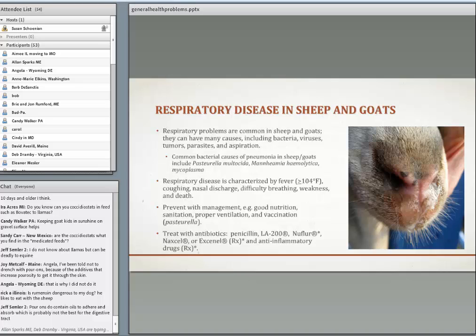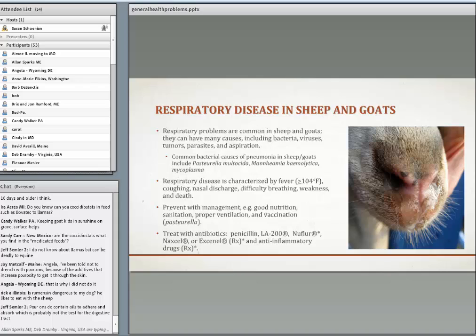So about anything equal to 104 and above. 103, I wouldn't worry about it. Coughing, nasal discharge, difficulty breathing, weakness, death. Those are all symptoms of pneumonia. It can strike fast or it can linger, but like most diseases, it's about getting on top of it. Catching that animal when it's got its ears down and it just doesn't seem right, and then you take its temperature and find out that it has a fever.